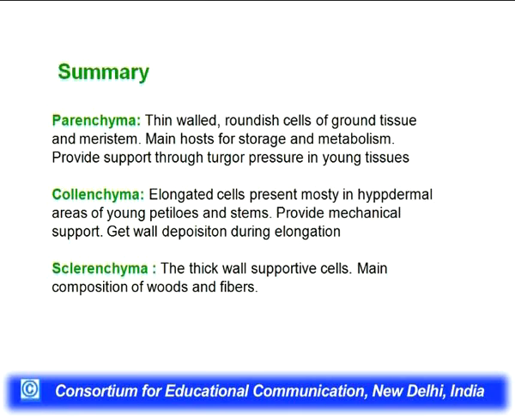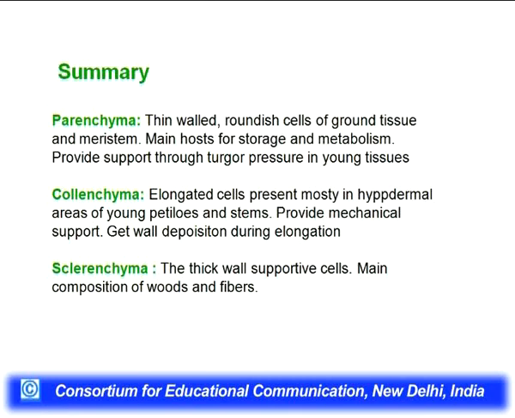And the last type is sclerenchyma. The sclerenchyma are thick-walled cells. They are metabolically less active. Their main job is to provide support, and all the wooden furniture and wooden floors around you are made up of sclerenchyma.